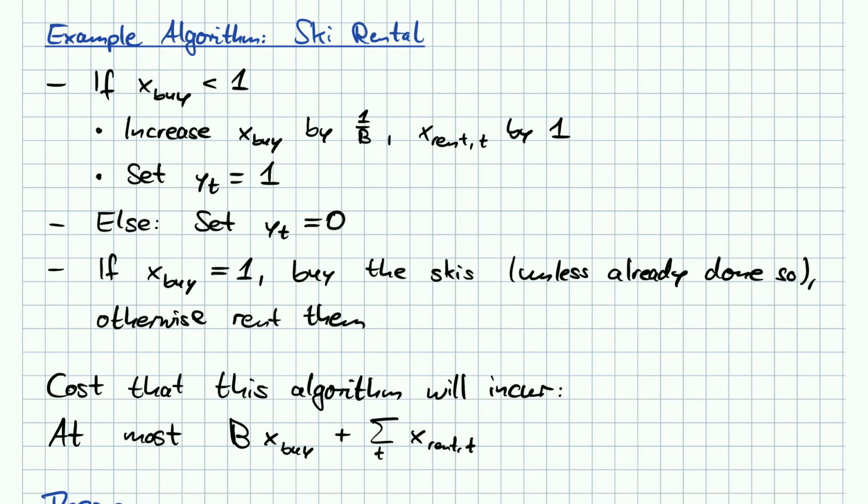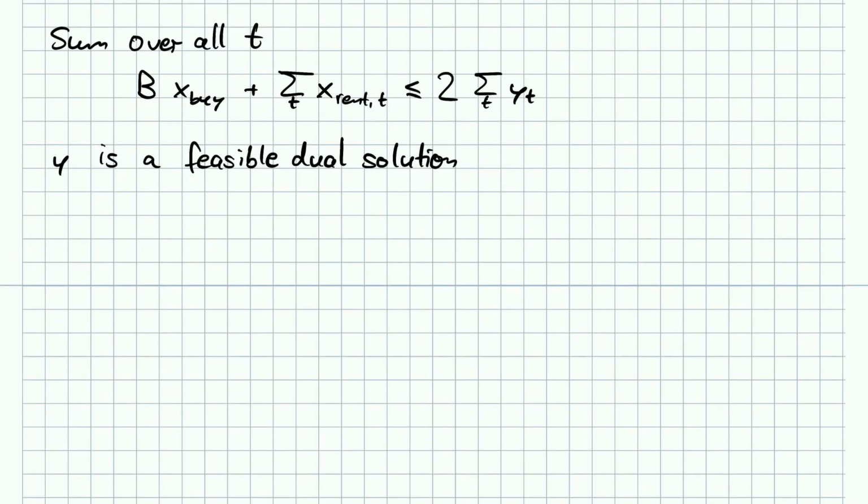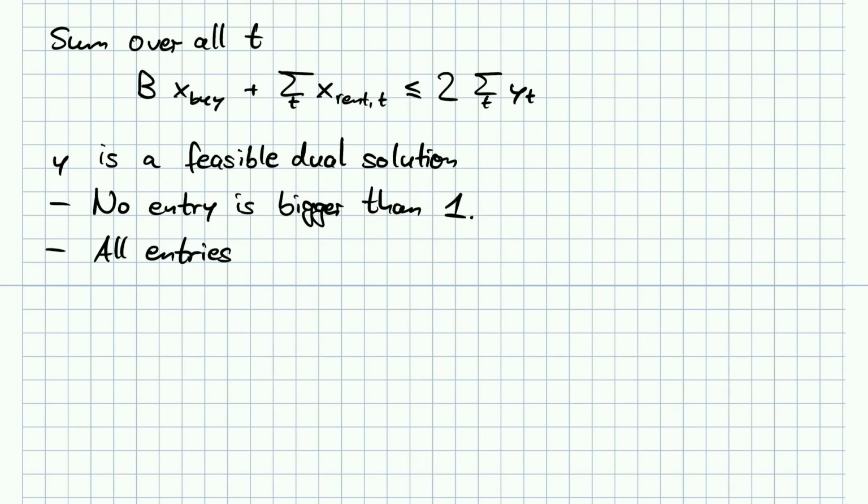So this means that y is a feasible dual solution, because no entry is bigger than 1, and all entries sum up to at most b.